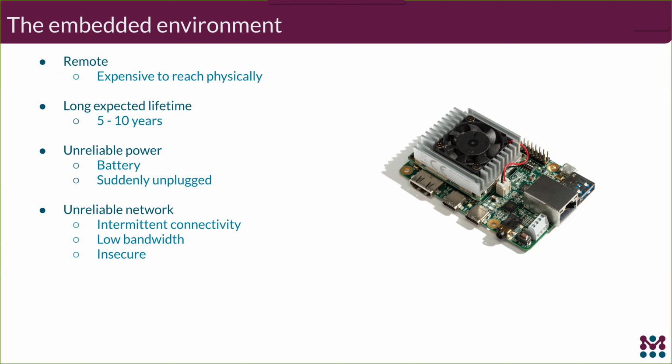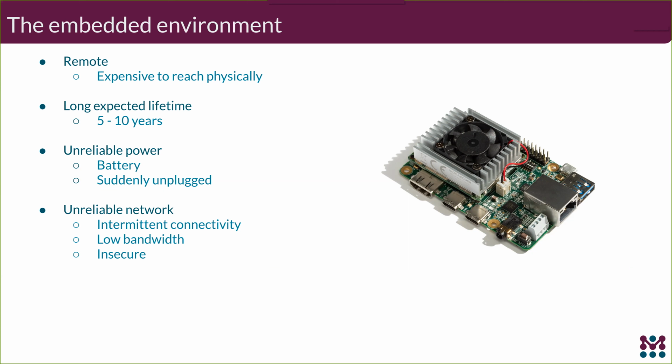Typically, embedded devices are also connected over a mobile network or Wi-Fi, which can be of varying quality. So there will be intermittent connectivity, low bandwidth, and so on. This imposes some challenges that need to be handled as well.